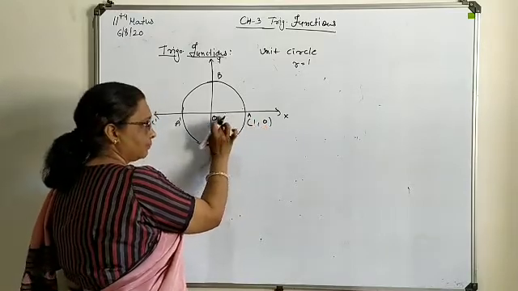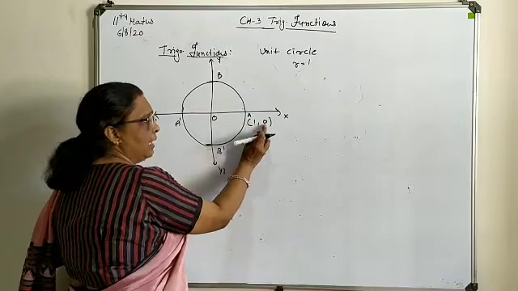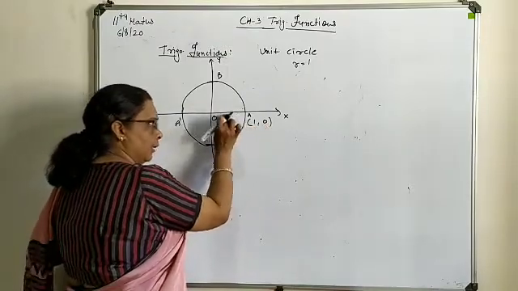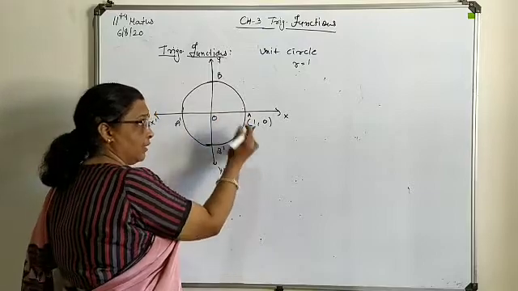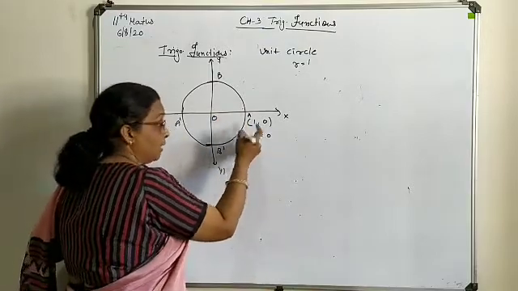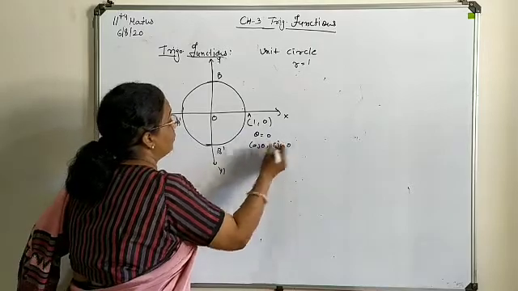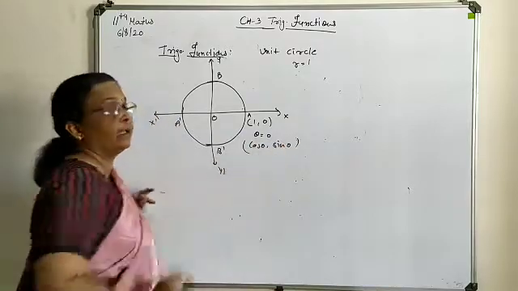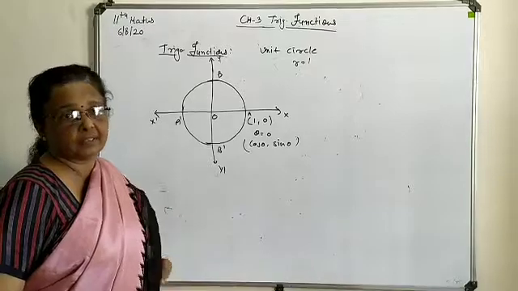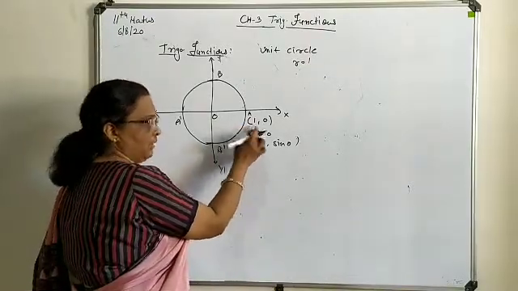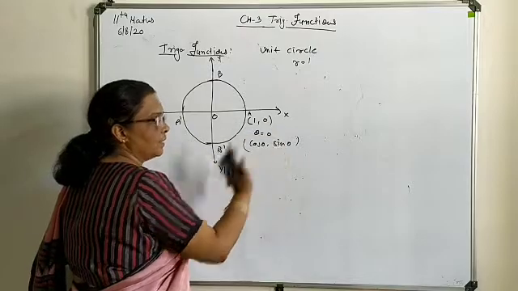Here cos 0 means 1 and sin 0 means 0. Here the angle formed with the x-axis is 0, so theta is 0. So cos 0 will give you the respective value and sin 0 will give you the respective value. That's why we described that point before this. So cos 0 we know is 1 and sin 0 is 0.